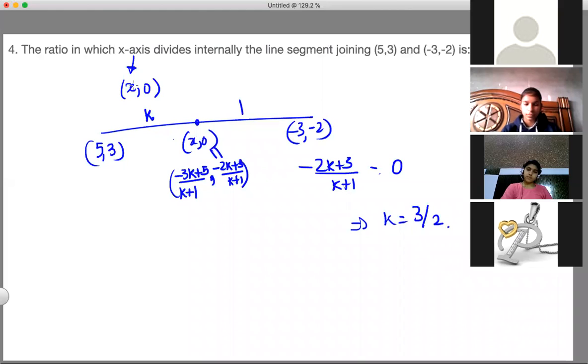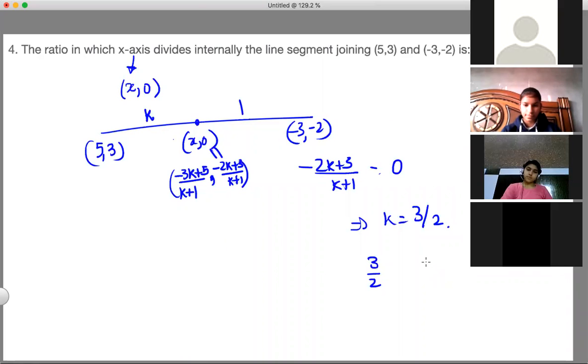Okay, so the ratio is 3/2. 3:2. ओके, सो 3/2 भी लिखा हो सकता है और 3:2 भी हो सकता है. दोनों ही तरह से रेशो को लिखा जाता है. ठीक है, बोथ आर करेक्ट.